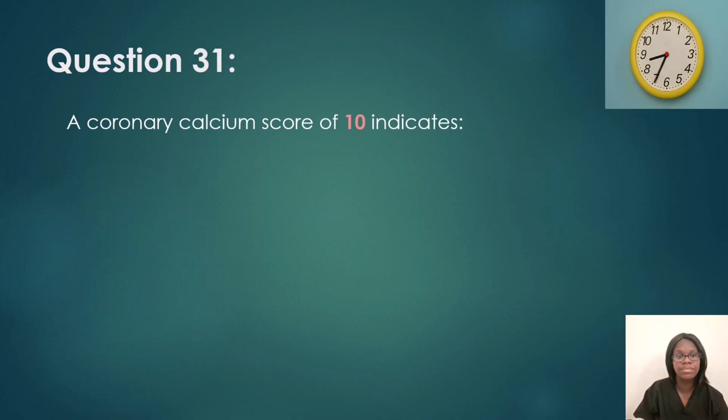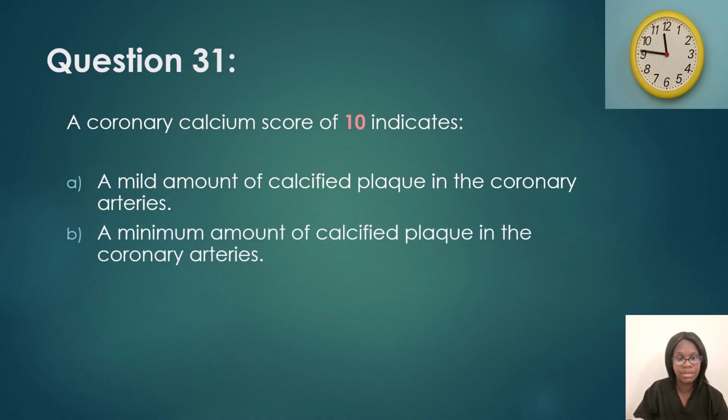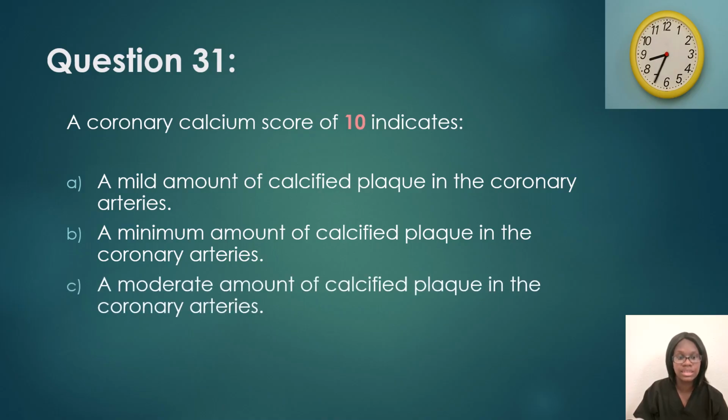Question 31. A coronary calcium score of 10 indicates A, a mild amount of calcified plaque in the coronary arteries. B, a minimum amount of calcified plaque in the coronary arteries. C, a moderate amount of calcified plaque in the coronary arteries.